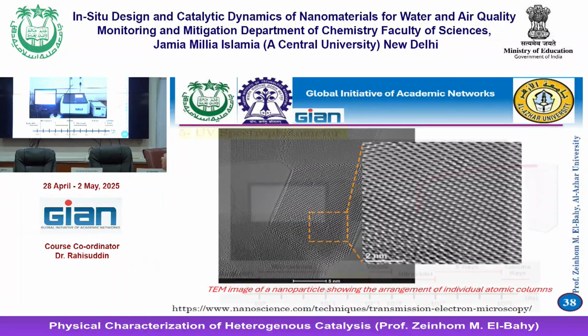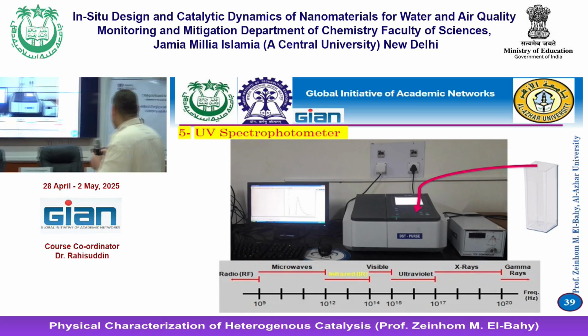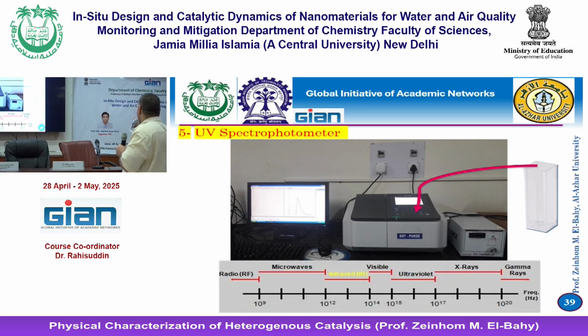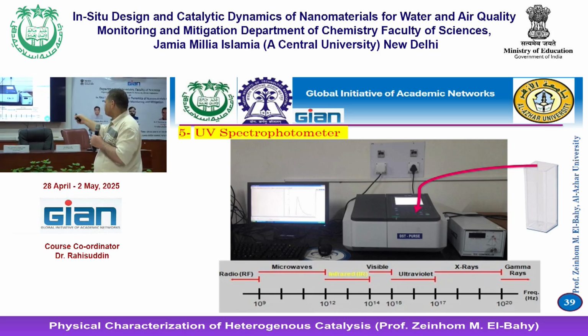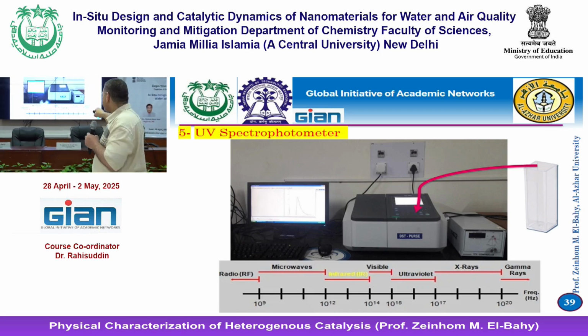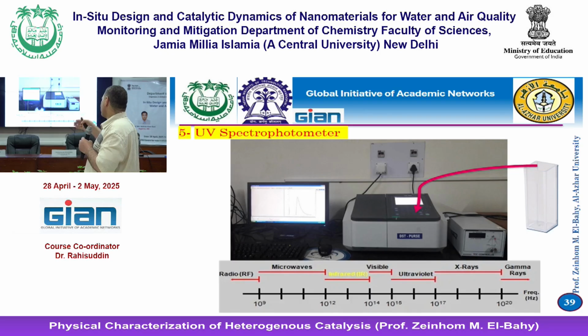This is the UV spectrophotometer. This is the most common technique. UV is before X-ray, as you can see. Its wavelength is longer than X-ray, but shorter than visible light.